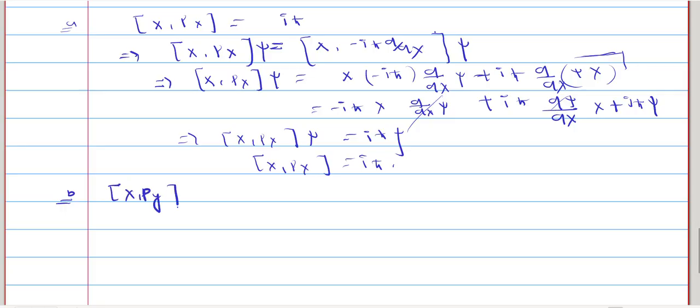Then x py, what? This is 0 because we know the uncertainty formula. We can measure x and momentum in x, not y. The x, y, z are mutually commuting and px, py, pz are also mutually commuting. We can measure the same coordinate position and momentum.